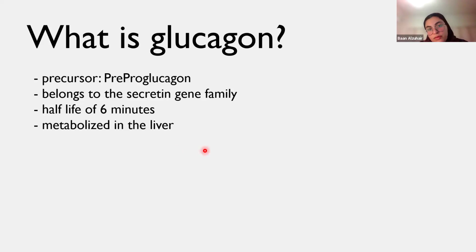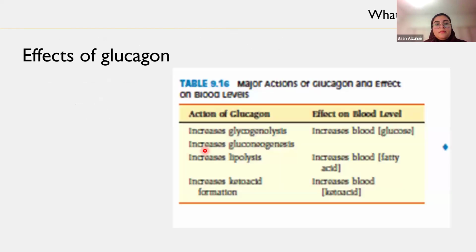So the major role of glucagon is to increase blood glucose levels. That's it. That's what you have to absolutely pin in your brain, that glucagon increases blood glucose levels. Okay, so how does it do that? I know this picture is not very high quality, but I got it from Dr. Yaqeen's slides and I couldn't find anything better.